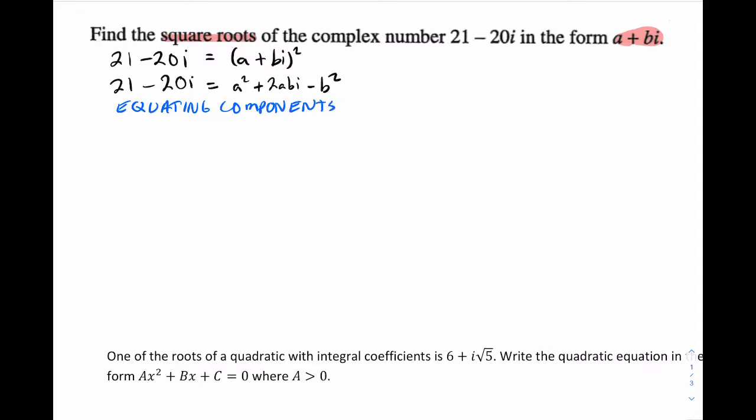Now what I mean by that is I'm going to highlight their real components here, so real numbers. So you have 21, a squared, and minus b squared. And we're going to make an equation out of that. I can say that a squared minus b squared has to equal 21.